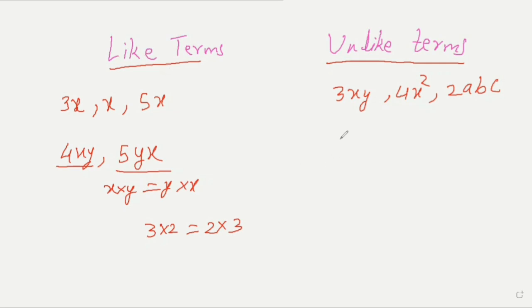But terms which have different variables cannot be added; we are going to see that in the next video. So 4abc, 5xyz, 7a square, all of these are called unlike terms. Okay, children, understood? In the next video we'll be learning how to add and subtract like terms.